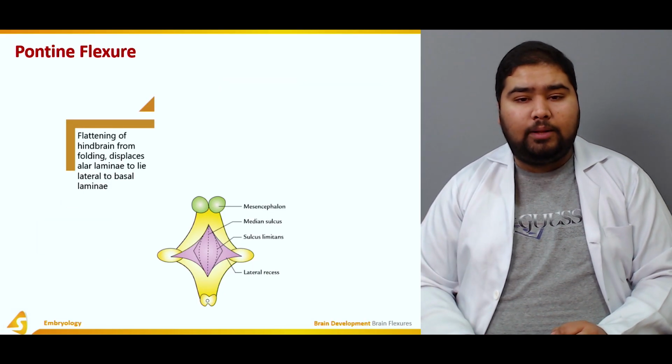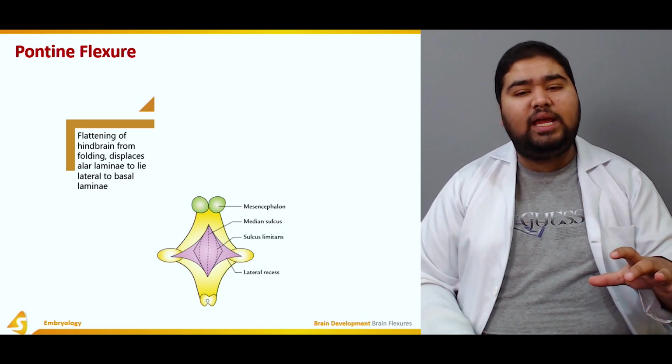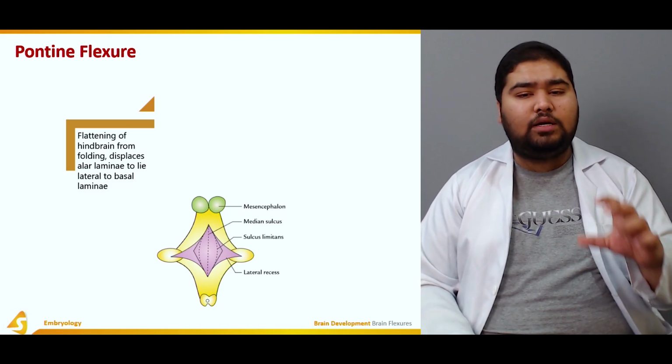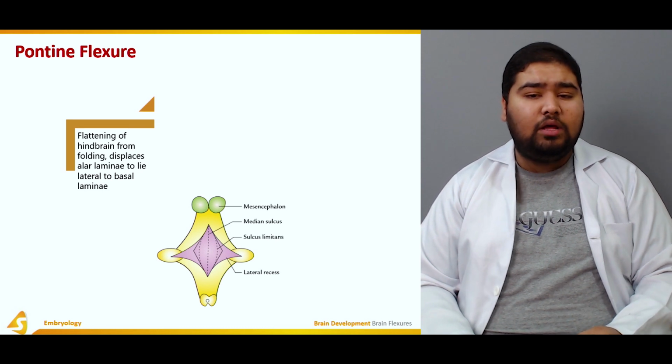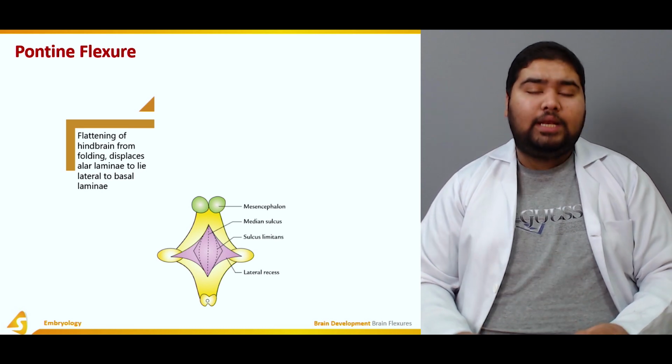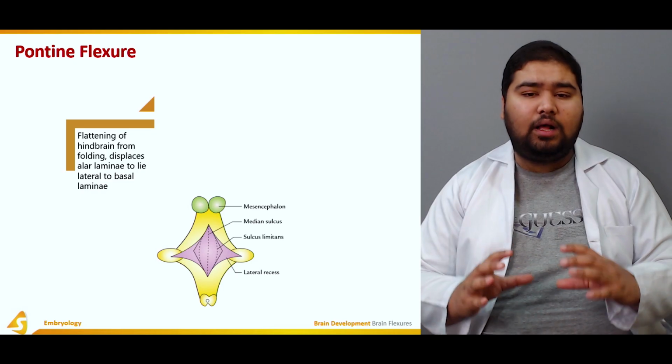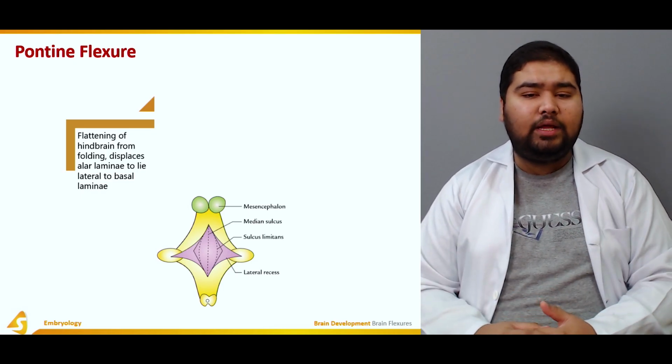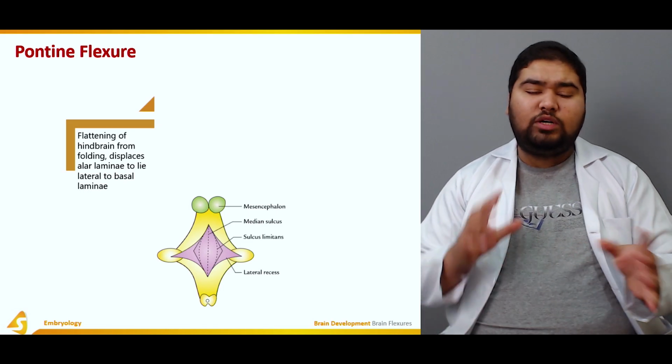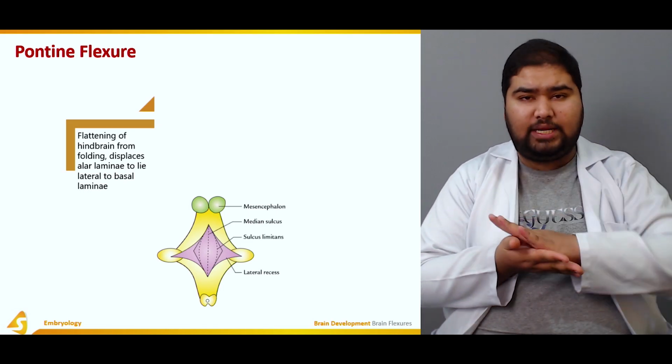Moving on, the Pontine flexure causes flattening of the hindbrain from folding. Now, this flattening displaces the alar laminae to lie lateral to the basal laminae. So what happens is flattening of the hindbrain.